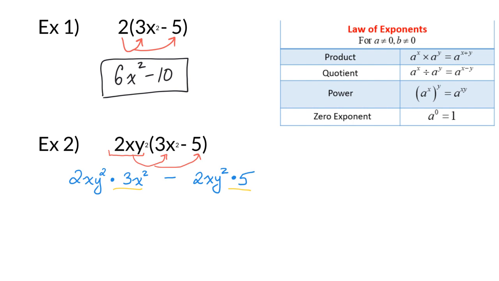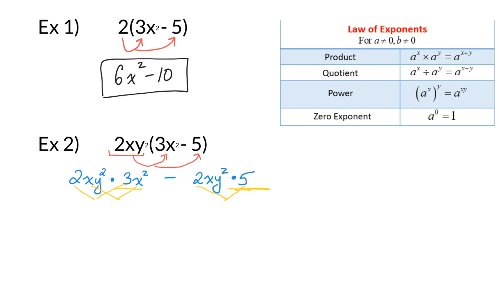And I'm going to follow the example that I did in the previous slide. I group the numbers together and I group similar bases together. If there is no other similar base, so for example in the second term, the 5 doesn't have any variables, then I just multiply the numbers together and I leave the variables as they are.